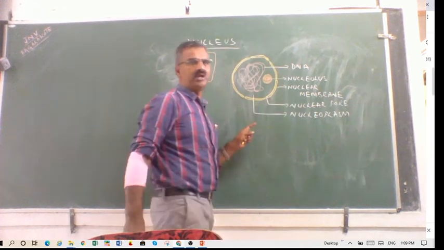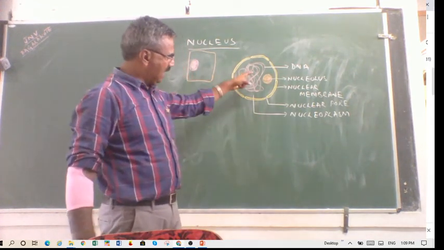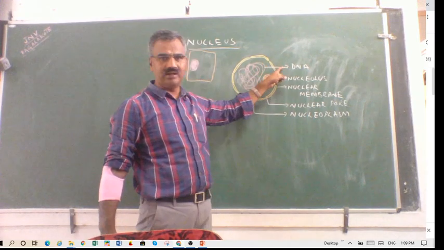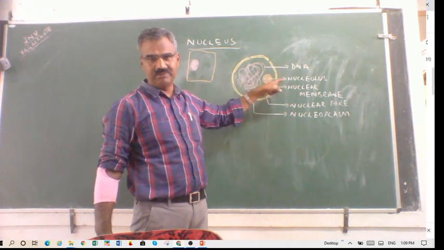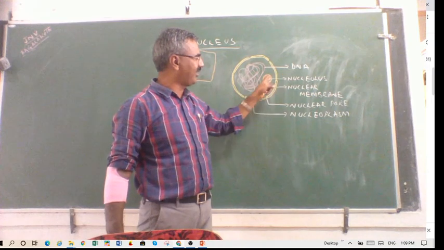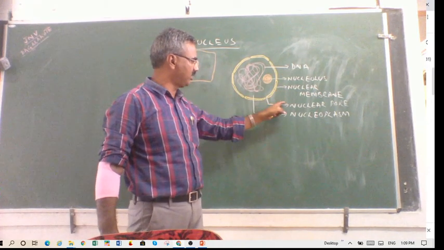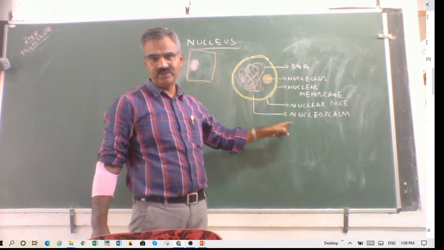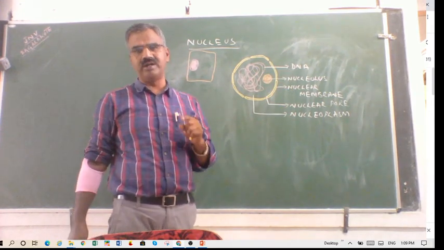You see how to draw the diagram. I am marking all the labels, or whatever the parts are, with straight lines. And everything I am writing in capital letters. That is the way in which you have to draw the diagrams.